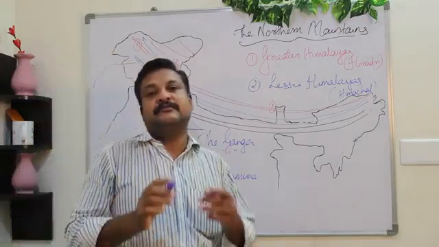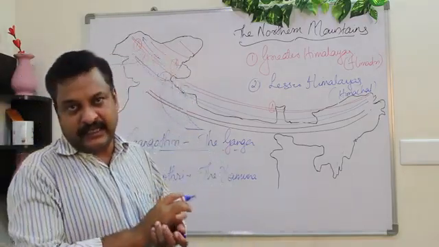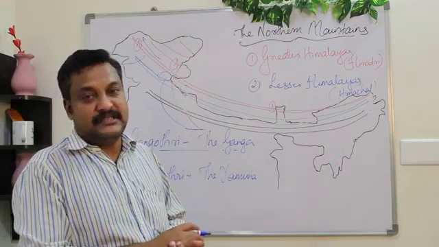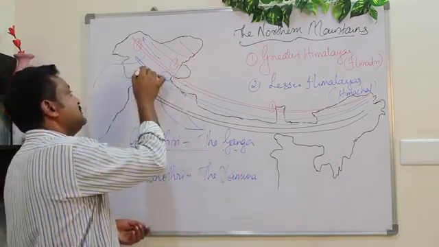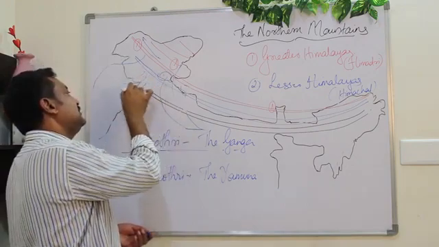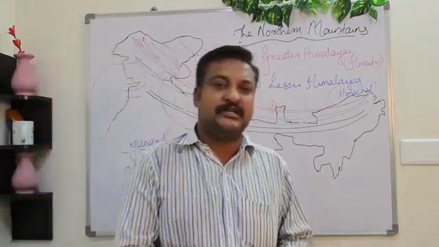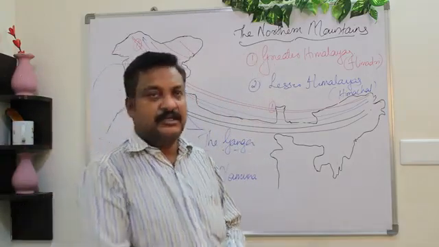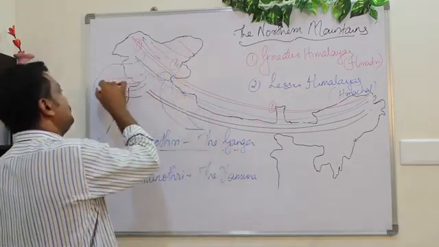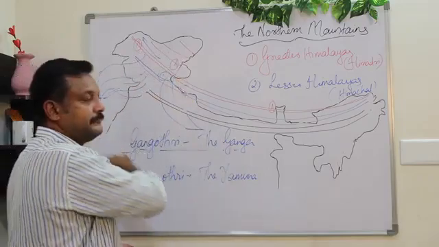Okay, the Indus river has its origin in India and then it flows into present day Pakistan. And then there are Jhelum, Chenab, Ravi and Satluj. Four more rivers are there: Jhelum, Chenab, Ravi and Satluj. These rivers also will come and join Indus.